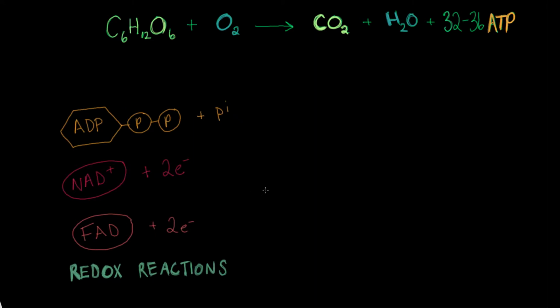Before we start talking in detail about the different steps of cellular respiration, let's talk about some important molecules that are involved. So ATP is energy that's used by cells. We can't use glucose directly, we need to make ATP. And the way we make ATP is by creating a high energy bond between an ADP molecule and a phosphate.